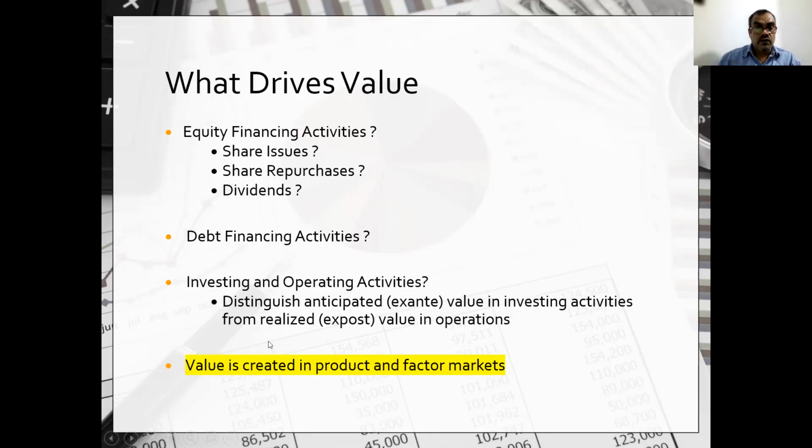Once it is referred to economics, we can simply say that value is really created in products. Bread, sugar, rice, aeroplane, whatever, you may name any product. So they are products, even services. Factor markets: in textbooks it is mainly labor.